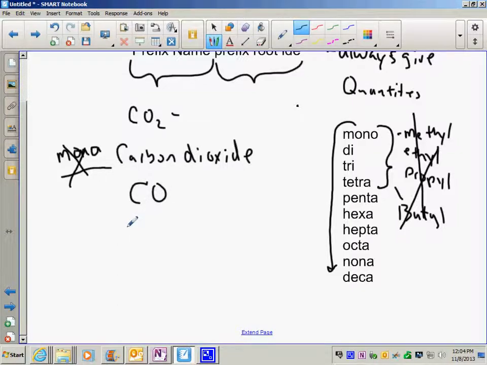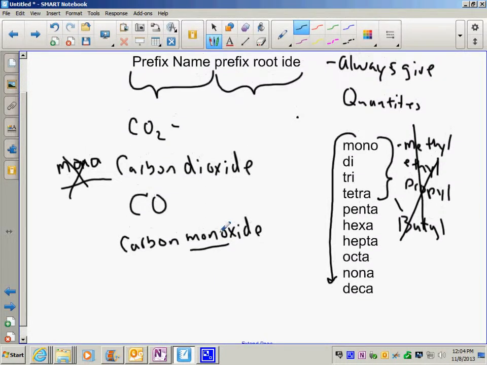But its name is carbon monoxide. So this prefix mono is only dropped on the first one. Also keep in mind, we don't call it monooxide. The O is dropped when you've got the multiple O's lined up. And that's pretty much it.